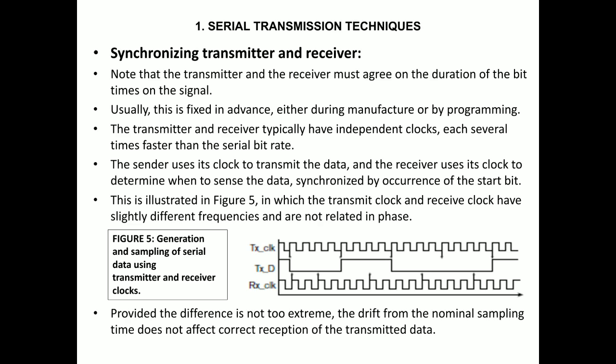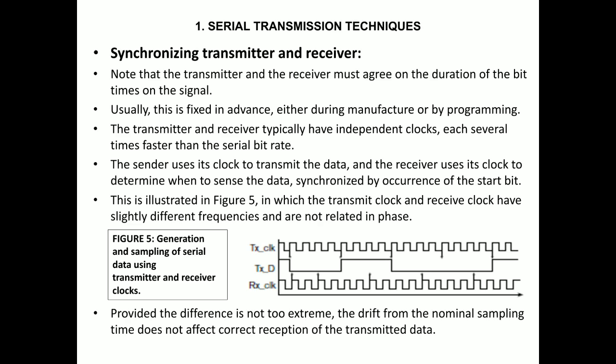I'm moving to the next slide because I've explained these points. I will re-explain again. The transmitter and receiver have separate clock signals. They are in a mutual understanding, which means they are in synchronization. This synchronization between the transmitter and receiver is achieved either during the manufacturing of the circuit or through some sort of programming.